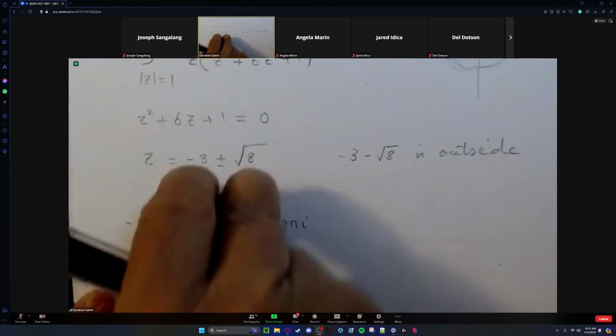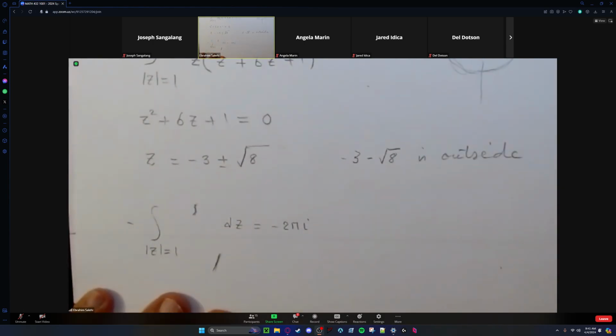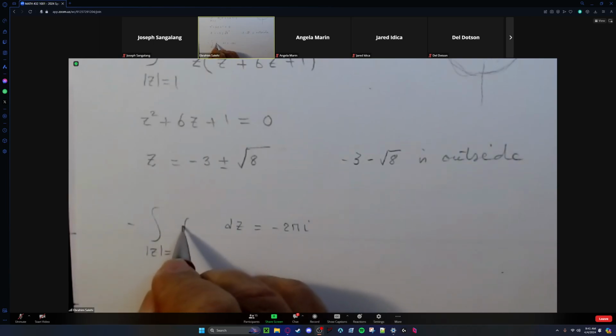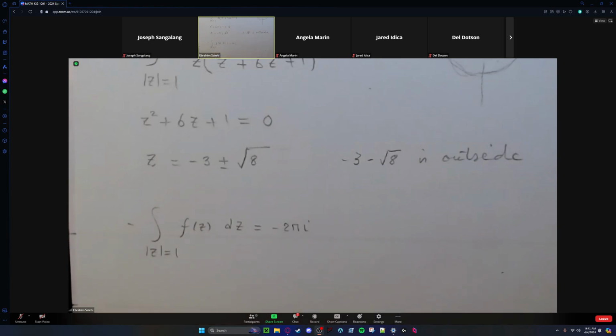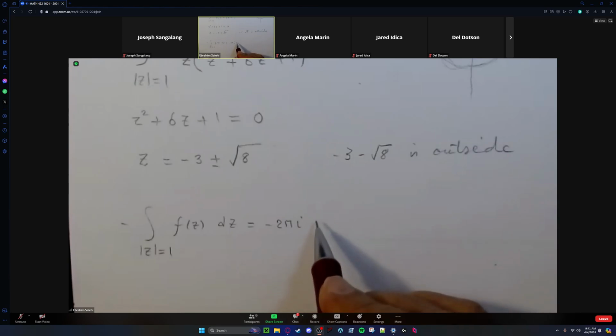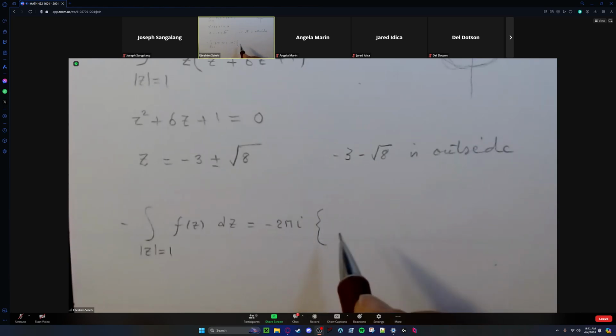So I can sum the residues that are the poles that are inside.